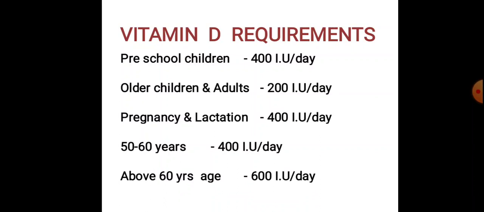Okay, so just remember the daily requirement of vitamin D. For preschool children it is 400 international units, for older children it is 200, for pregnancy and lactation it is 400, above 50 years 400 and above 60 years 600.